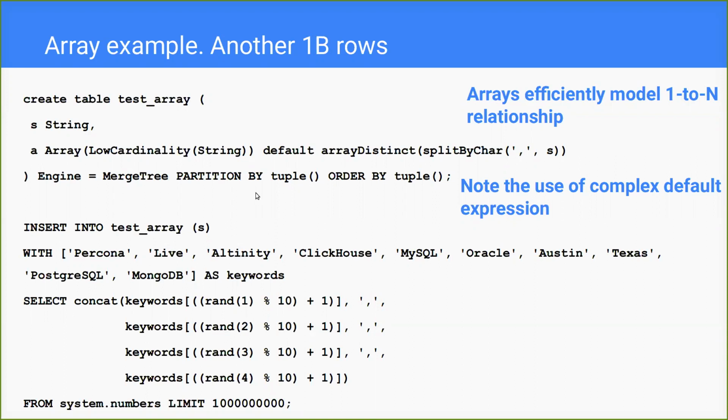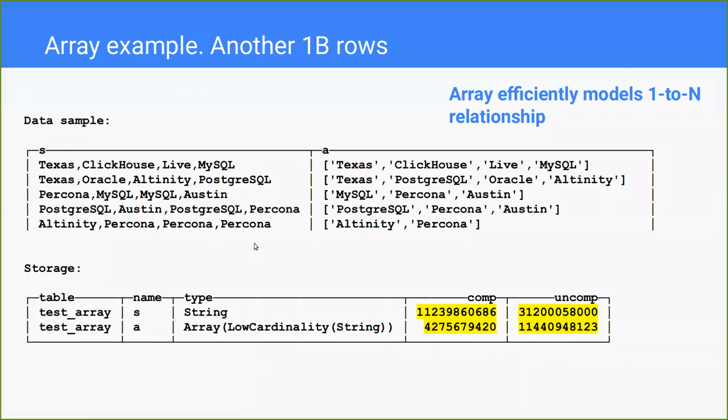So let's go ahead and look at this. What this is going to generate is some data that looks like the following. In the S value, the string value, we just have a string which contains the values separated by commas. In the A value, we have the same values, but they're members of the array.